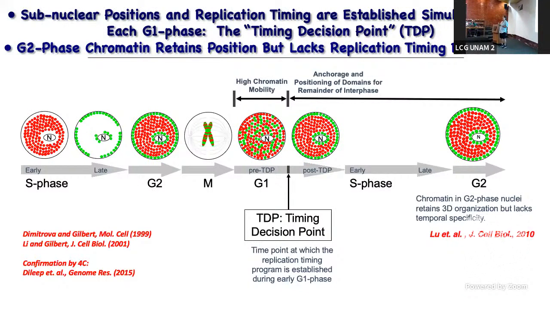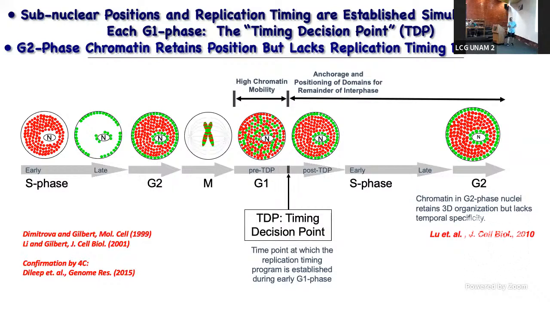In fact, in vivo, we could get 2N on the first S phase, 4N second S phase, 8N. We could sort, in the same group of cells, the first S phase, perfect temporal order, second S phase, random. Okay?